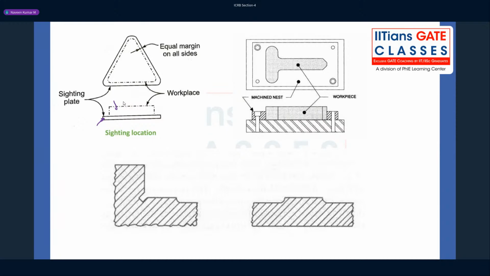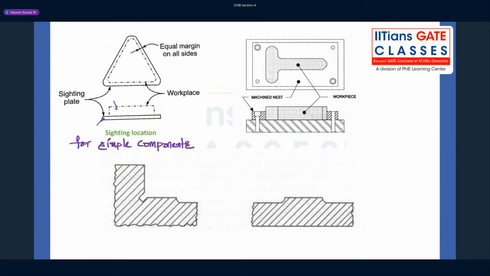A sighting plane is there, some lines are present, you have to match those lines and put it. That's it. So these are for very simple components, and also for very big components. The workpiece is placed on a plane in such a way that there are equal margins on all the sides. That's it.